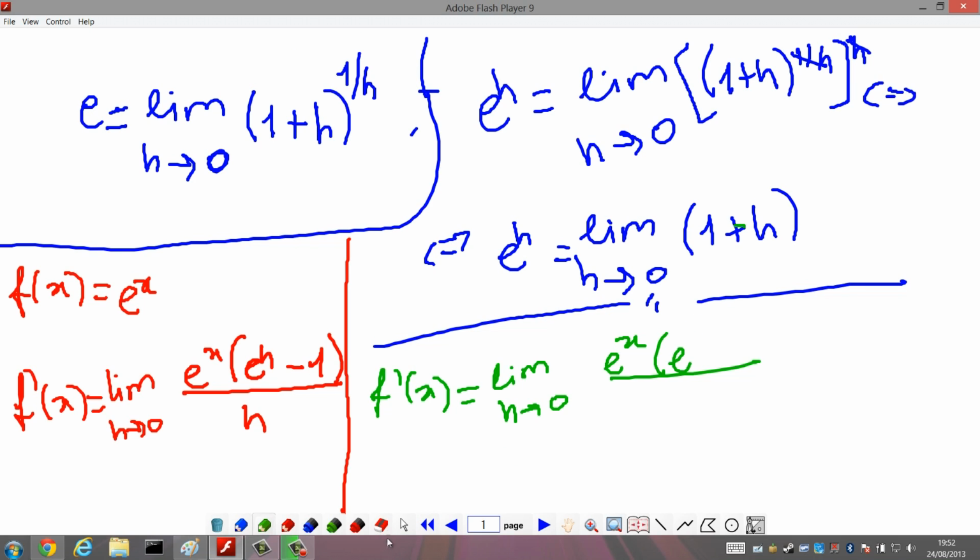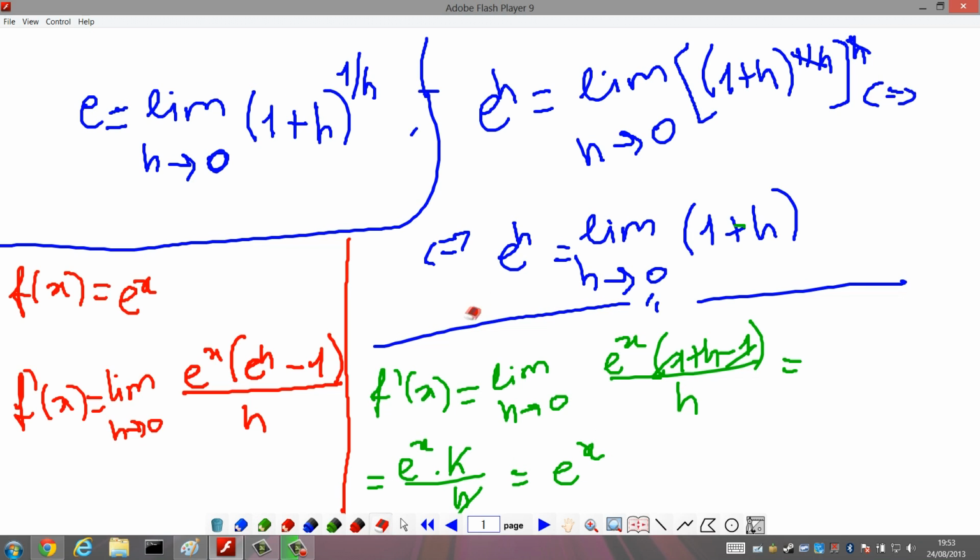No, actually, sorry. You substitute it by e to the h, which is 1 plus h, minus 1 over h. And this gives you e to the x times 1 cuts with 1, h over h. This cuts with that and gives you e to the x.